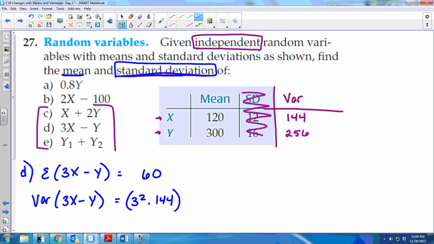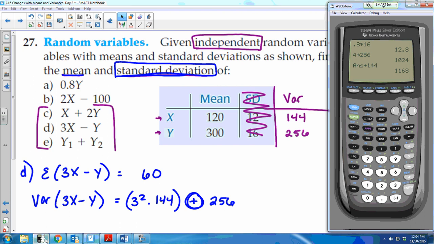So I know it says minus, but we're going to add 256. Right? There's always more variability, not less. So we don't subtract. So 9 times 144. And then we need to find the standard deviation. So we take the square root.